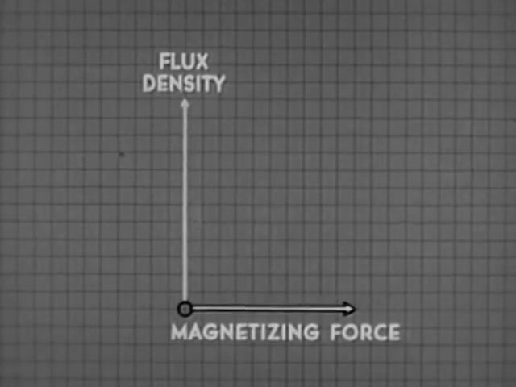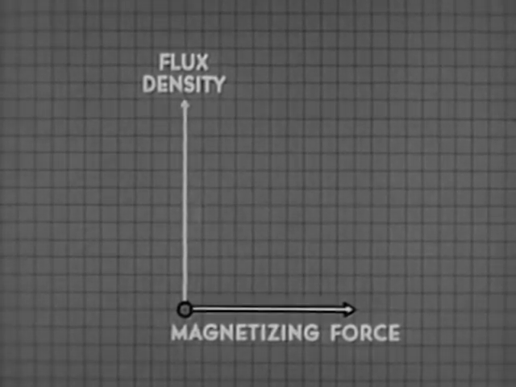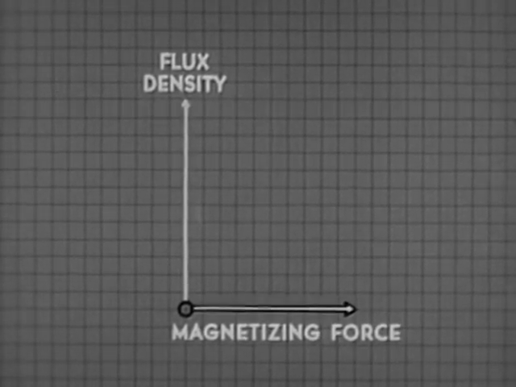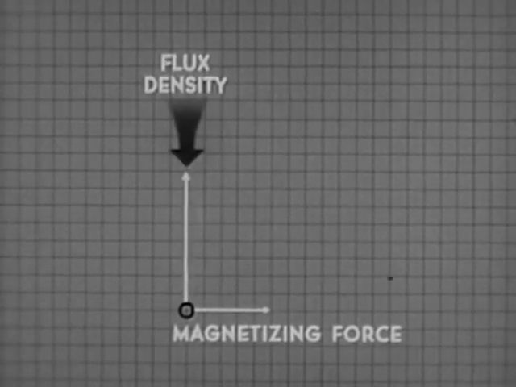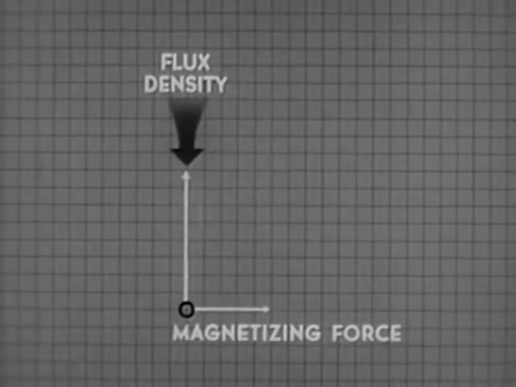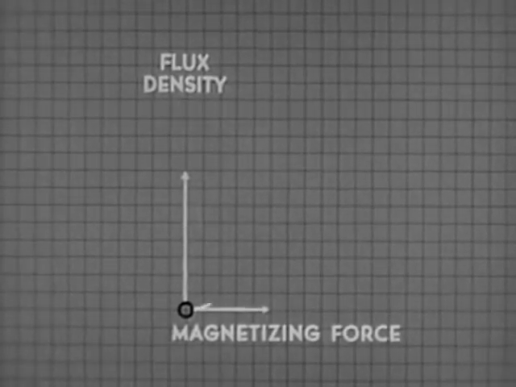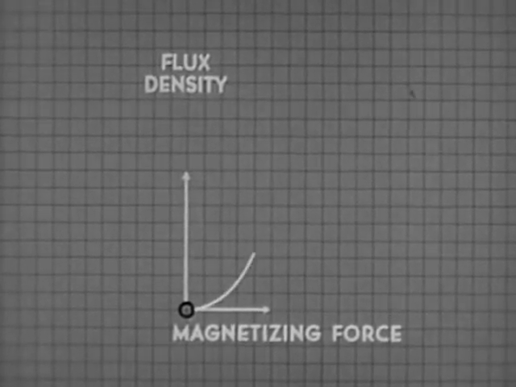Remember that the magnetizing force is the cause and the flux density is the effect. Initially, a relatively small amount of magnetizing force produces a relatively high flux density. The curve on the graph will begin like this.